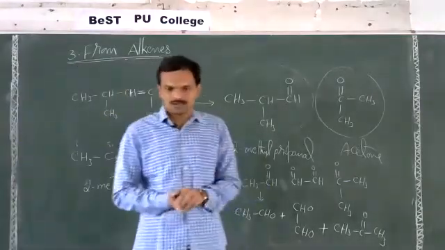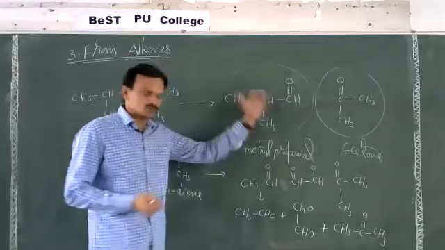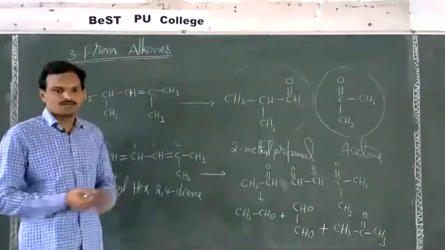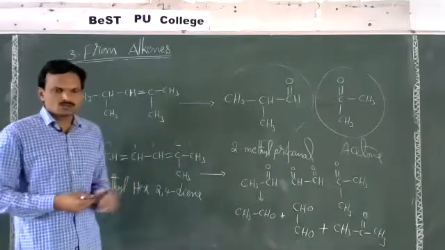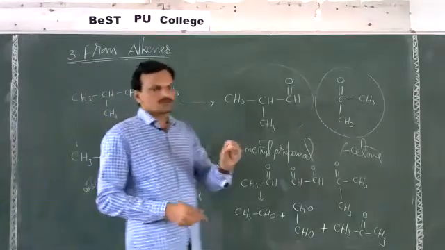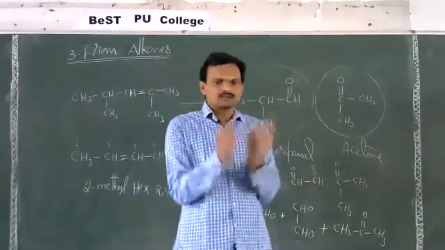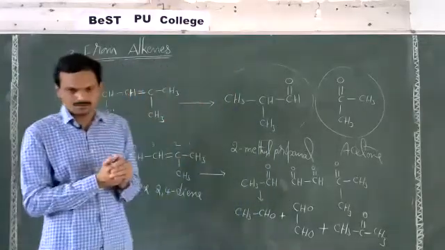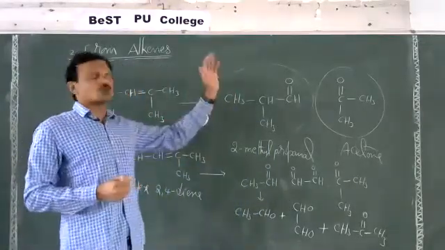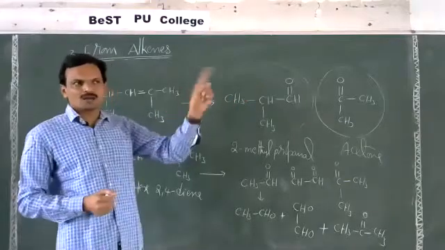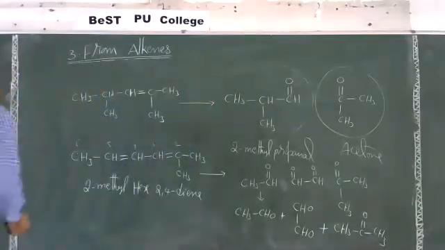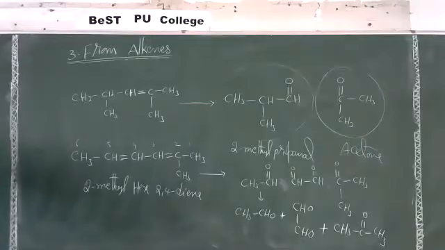Sometimes what they will ask is, by giving the ozonolysis products, they will ask for the alkene, exactly the reverse. So whatever the two products given, write the two products side by side in such a way that the two oxygen atoms come in adjacent positions, and then remove the two oxygen atoms and join the carbon atoms by a double bond, that gives the corresponding alkene. Now let us see here. I'll take one more example here.